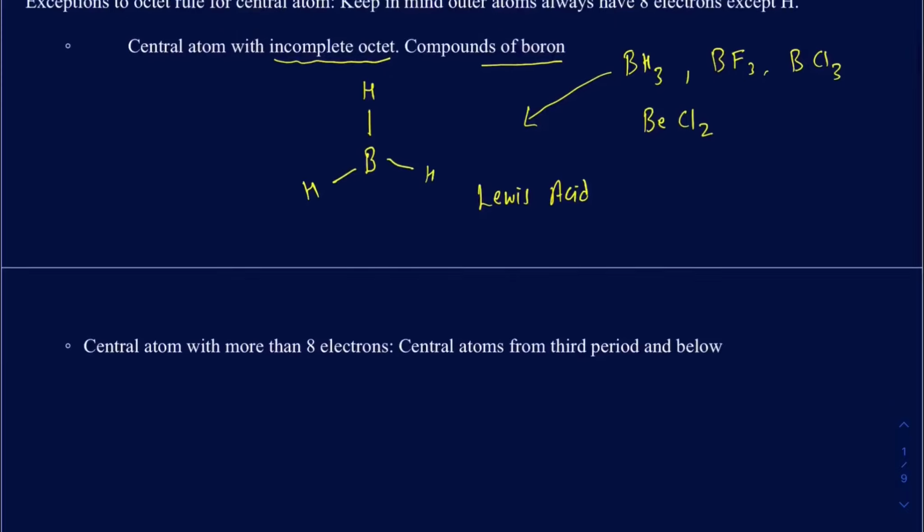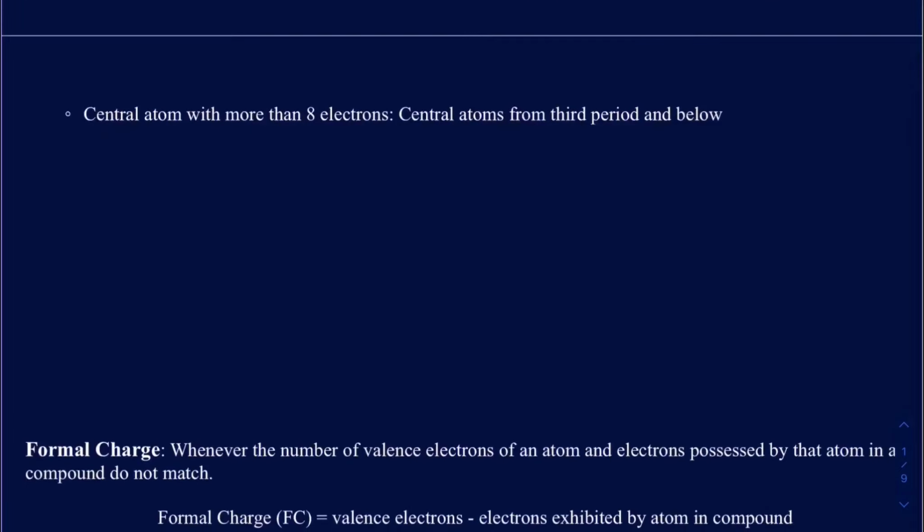Well, what if you have a central atom that has more than 8 electrons? That can happen if your central atom is from either the third period or below. Some famous examples are PCl5, SF6, PBr5, or SOCl2.